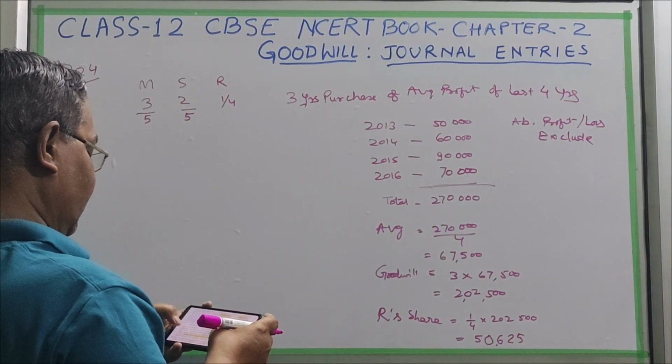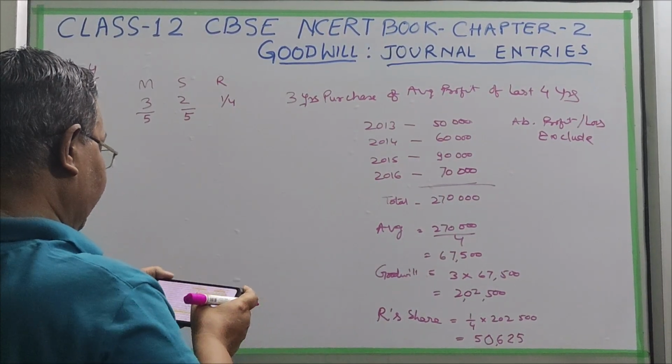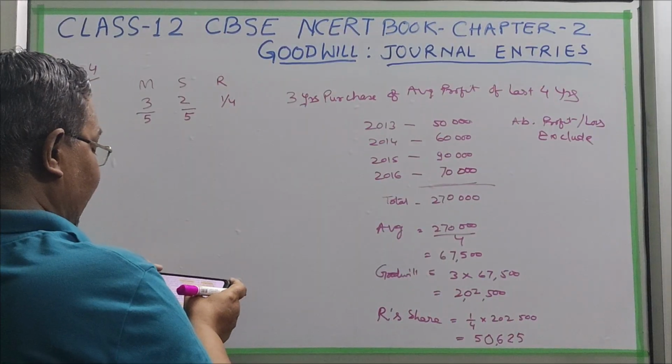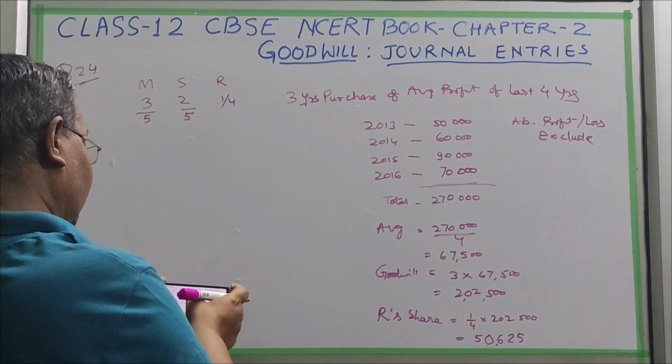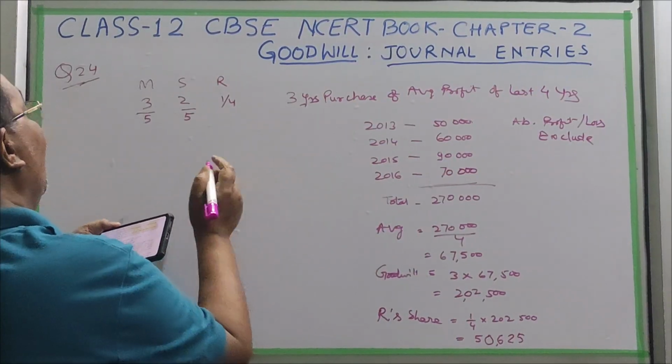Record the journal in the books of the firm on Lal's admission. Goodwill already appears in the books at 2,02,500. Whatever goodwill already appears, that has to be written off in the old ratio.